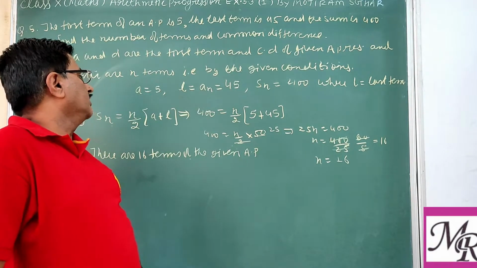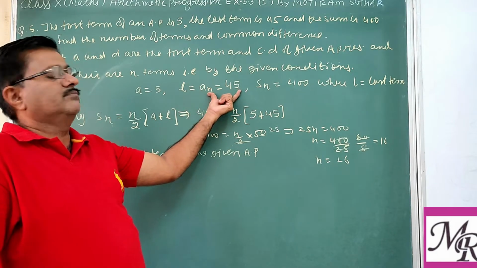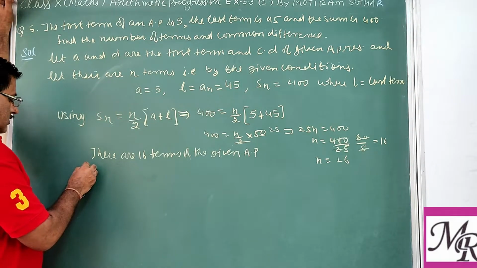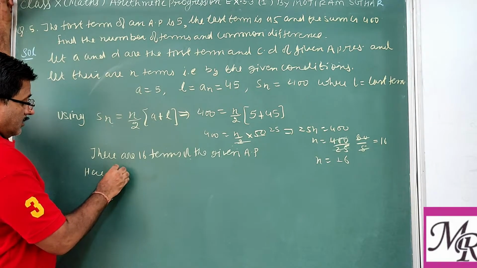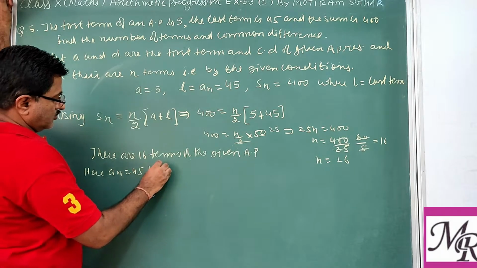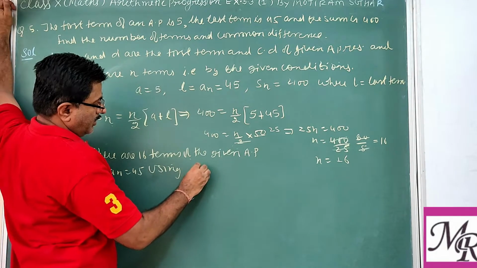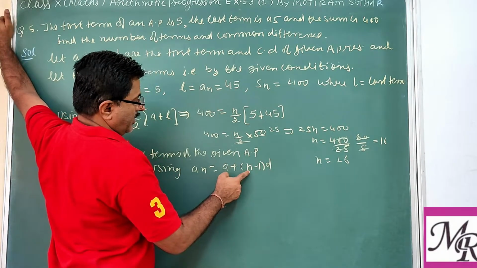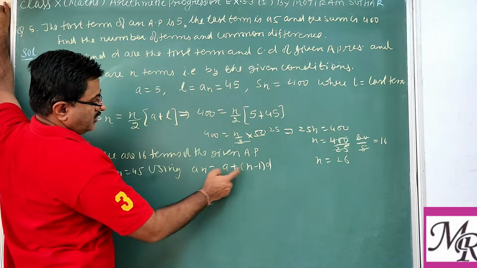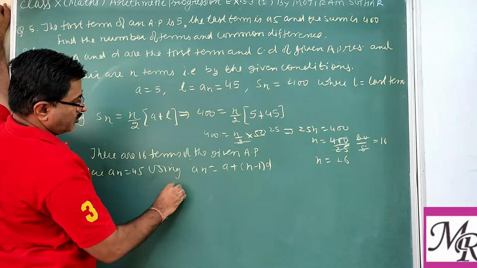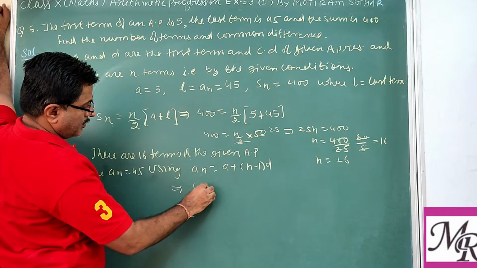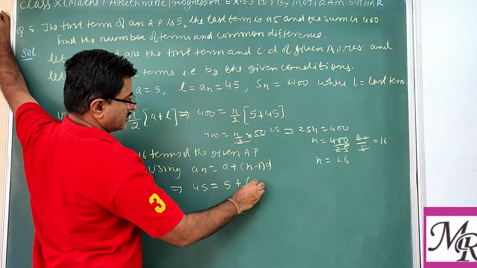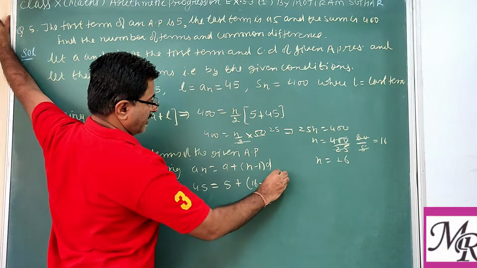Now to find d, we are given the a_n term, so we use the formula of the nth term. Here a_n equals 45. Using the formula a_n equals a plus (n minus 1)d, because we have a_n, a and n, all these things given, we can find d. So put the value a_n as 45, first term is 5, n we have already calculated as 16, minus 1, and d we want to find.